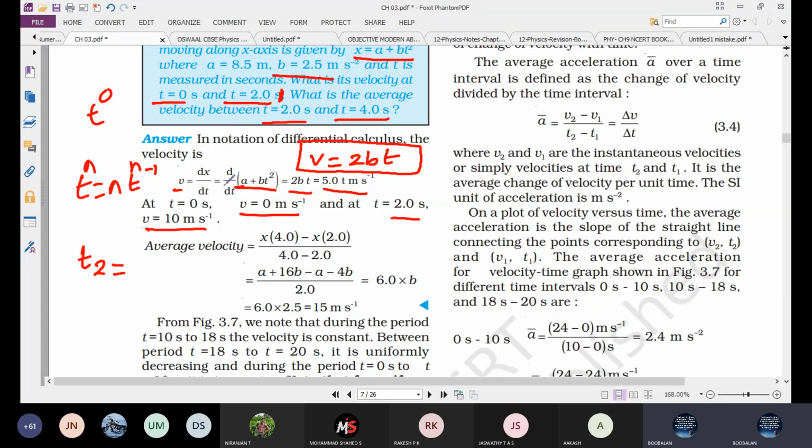This is t1, this is t2. Now this condition I will take. This is t3, 2 seconds, t4, 4 seconds.